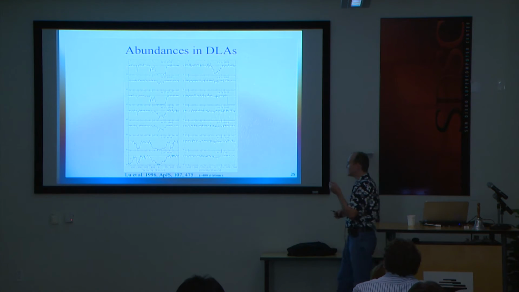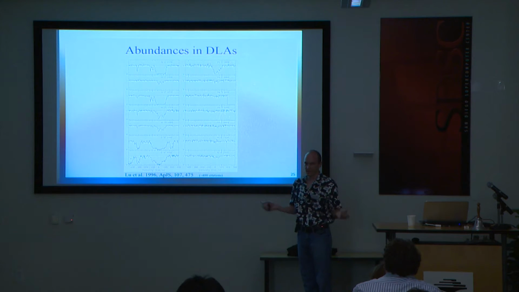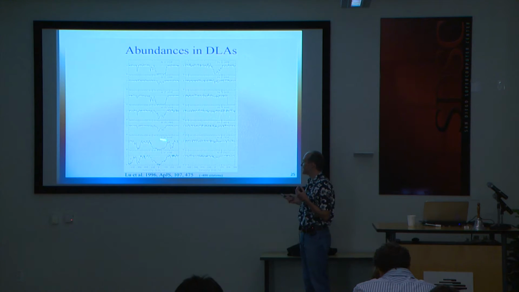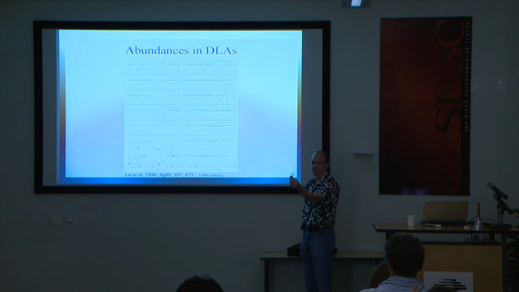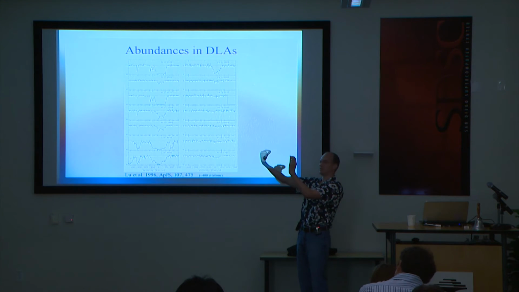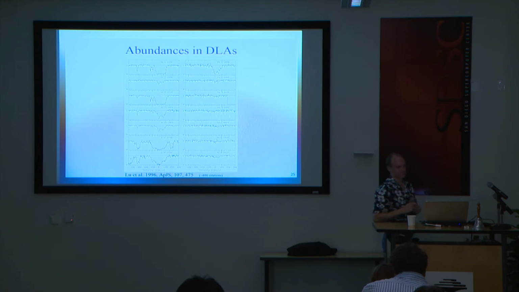What's interesting is it doesn't matter how big the DLA is, it doesn't matter how bright it is, because it's not bright at all. The signal that you can get out of this depends on how bright the quasar is behind the galaxy, and on the impact parameter of the quasar behind the galaxy. If the quasar is right in the center of the DLA, that's great. If it's way off here, then you're only getting the outskirts of that damped Lyman alpha system.